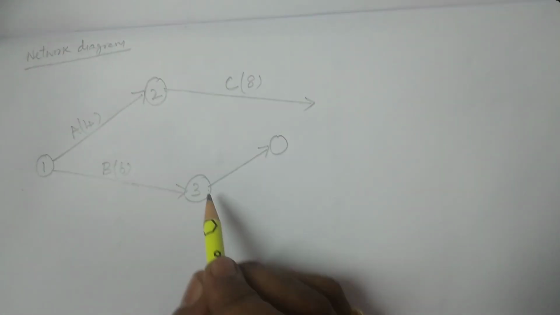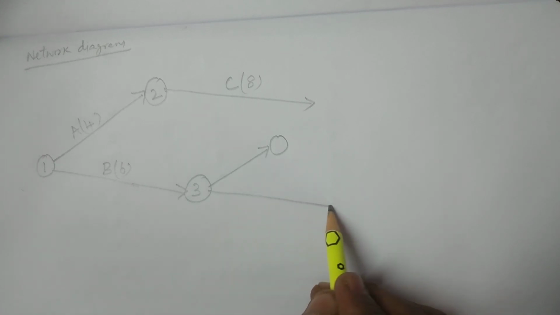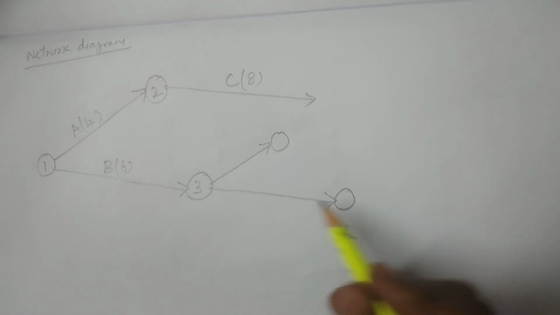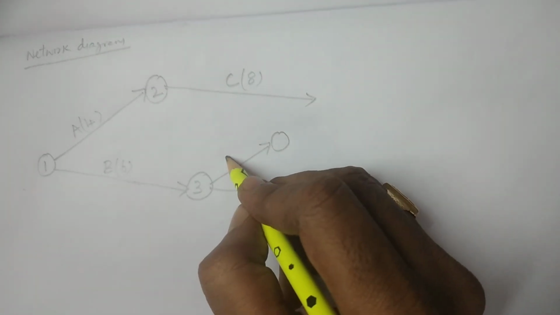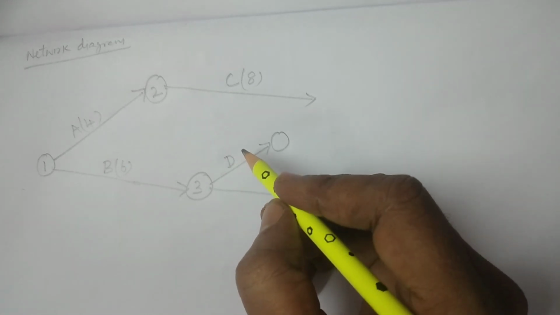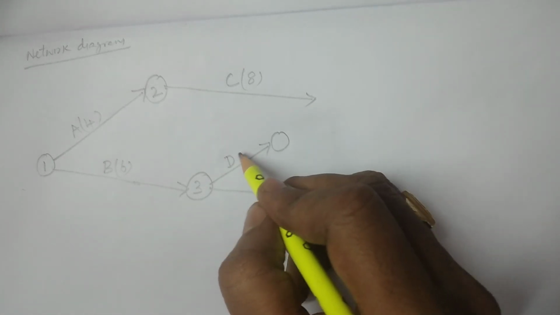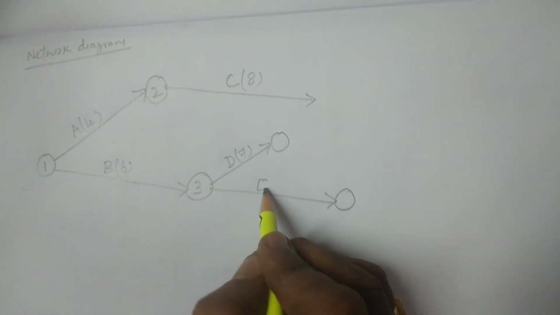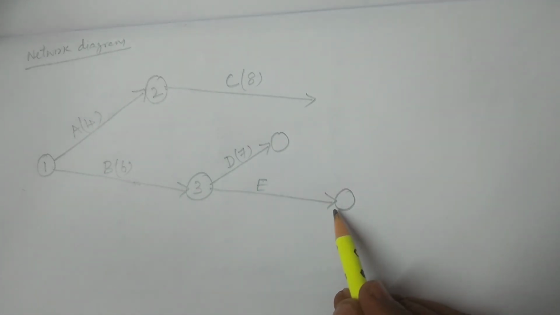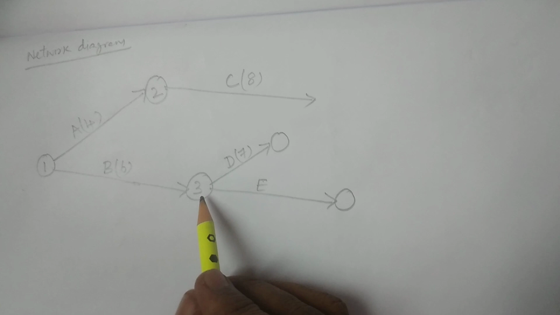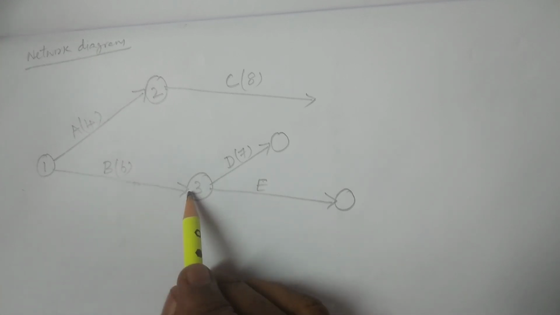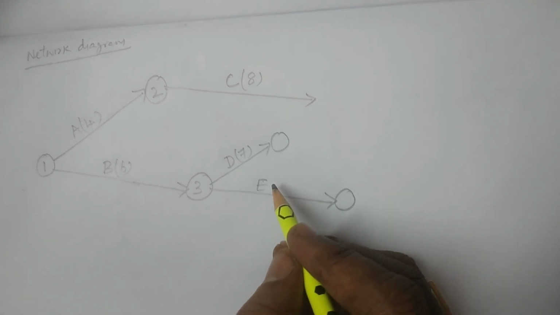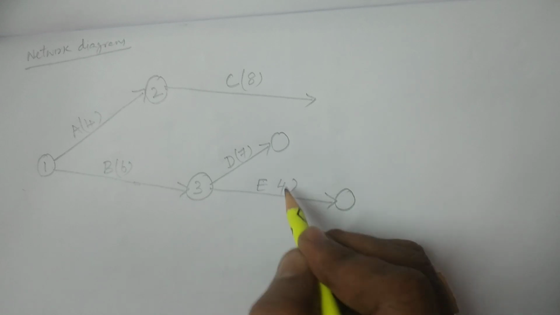And I am considering this as activity E. Hope you understand. D and E are two other activities which are to be started after B. The direct connections have been given here, and for E the duration is 4.